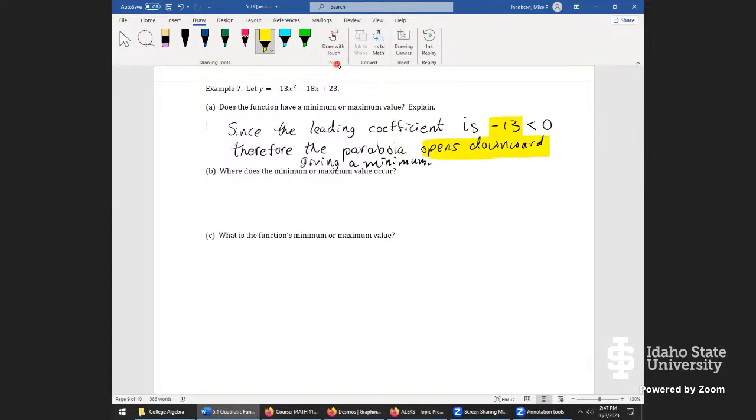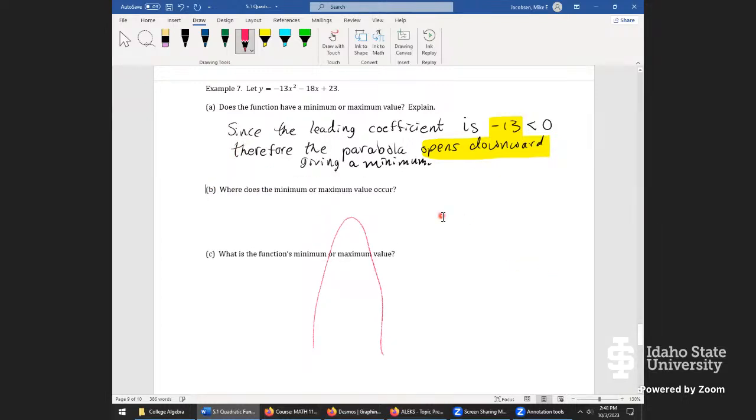But again, we could just plot it to see what's happening. But it's good to know just by visual inspection how that should go. So we know we're expecting a minimum value. That negative 13 means, I don't know what the graph looks like exactly, but it's going to be essentially something like this.